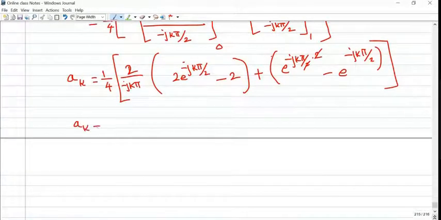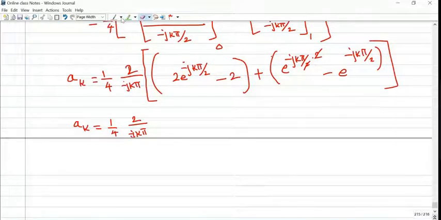The value for a_k equals 1 by 4, 2 divided by minus jk pi. This term is commonly available.